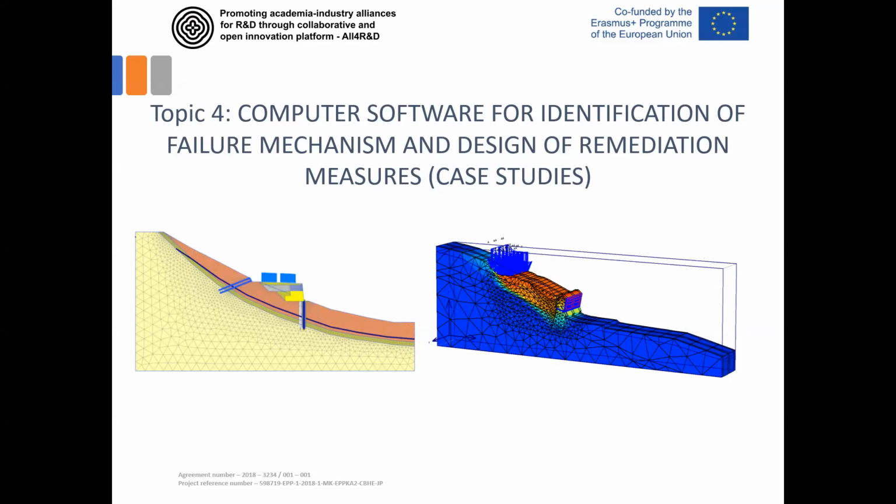If there are no questions and discussion, I'll start with this last topic, named computer software for identification of failure mechanism and design of remediation measures, with some typical case studies from local practice.